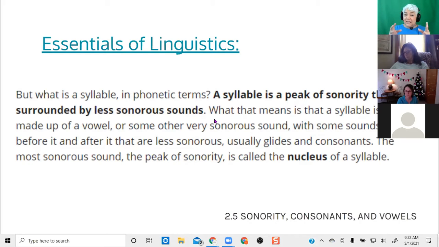So each syllable has a peak of sonority, and it is usually made up of a vowel, but there are other sonorous sounds that can be the nucleus of a syllable. This is where we get a lot of issues, when we have something other than a vowel giving us that peak of sonority.